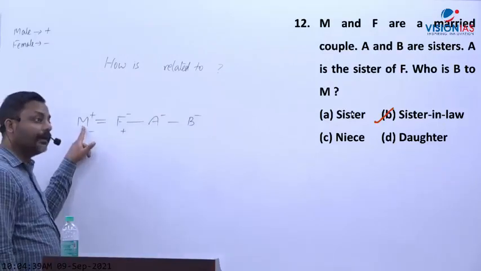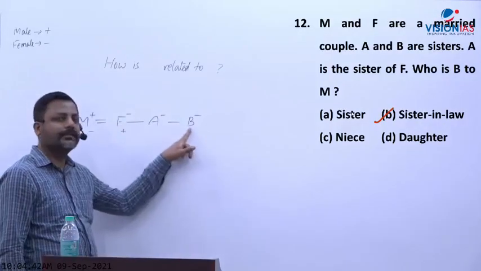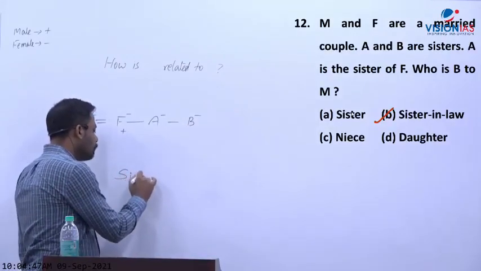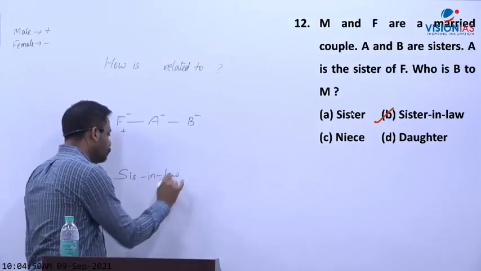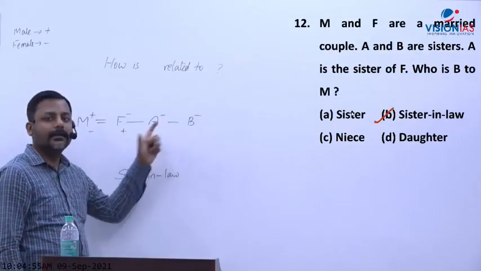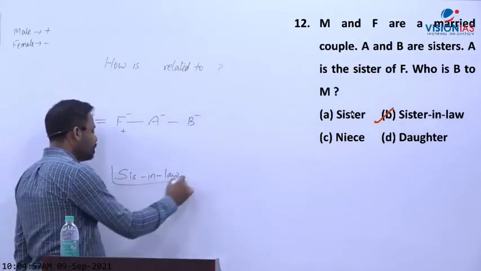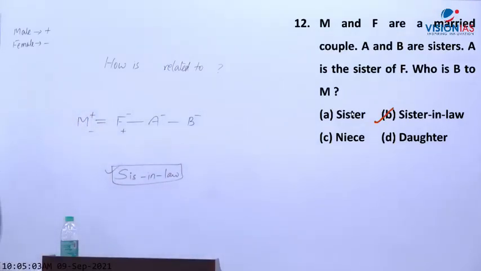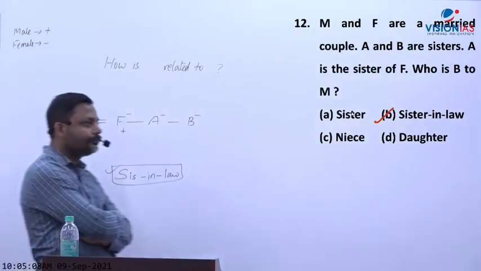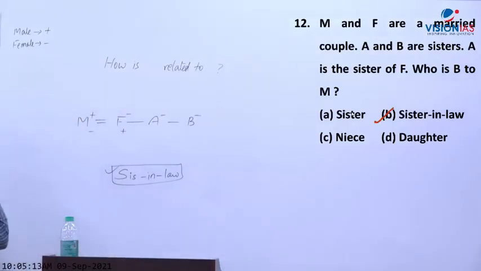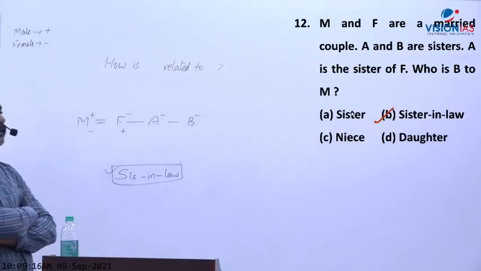So, if M is male, then the wife's sister is called sister-in-law. And if M is female, then the husband's sister is also called sister-in-law. So in both the cases, the answer is sister-in-law. Is it clear, Richa?